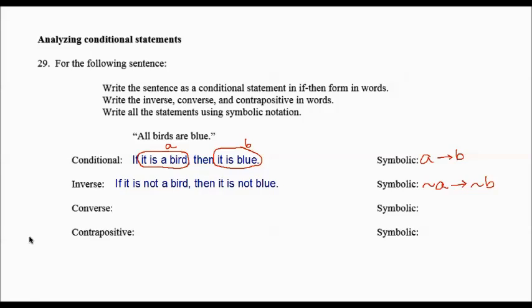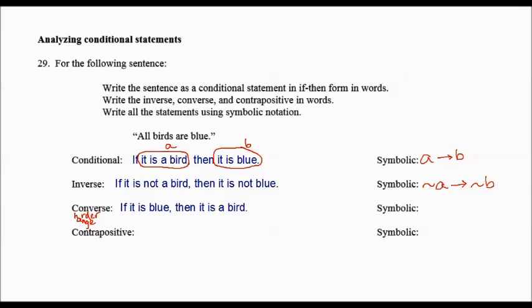But when we're doing the converse, that's when we now change order. To help you remember, the C of converse, change, and the O, order. So change order. Instead of mentioning birds first, I'm now going to be mentioning color first. If it is blue, then it is a bird.